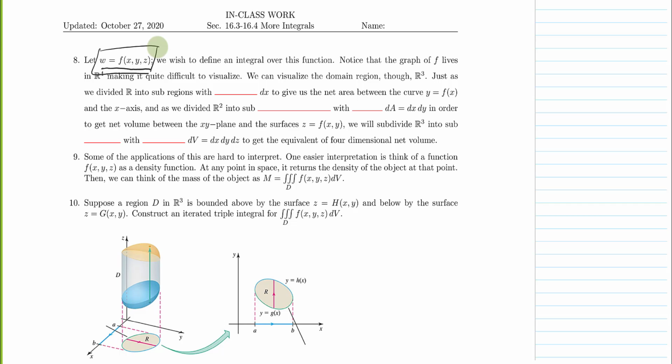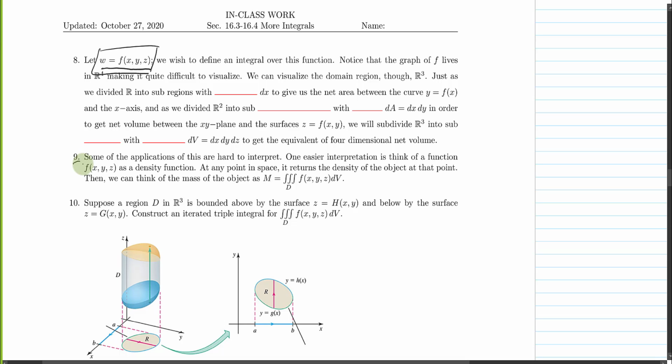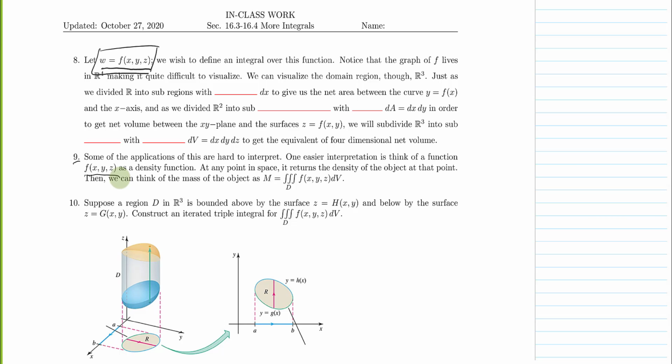And then the third way that's going to be really useful, and we're going to do that here, is to think of the function as one that gives you the density of the object at any point in space. So you plug in the x, y, z coordinates and it outputs the density. And I like this one because then the triple integral has a clear real-world interpretation.